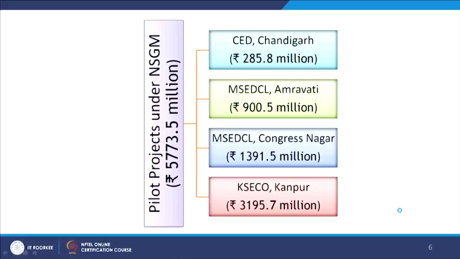And there are a few pilot projects under NSGM, the National Smart Grid Mission, which has also spent 5,773 million rupees at Chandigarh, Amravati, Congress Nagar, and Kanpur. The projects are in process.